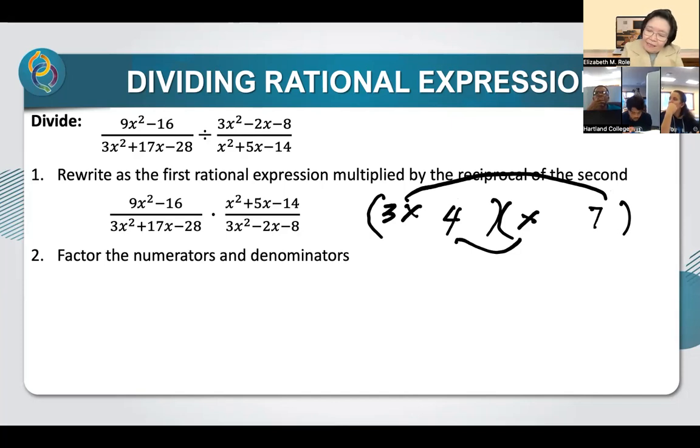That's positive, so I can put this as plus and this as minus, because 3x times 7 is 21 minus 4 is 17. But you can do factoring by grouping if that is much easier for you.